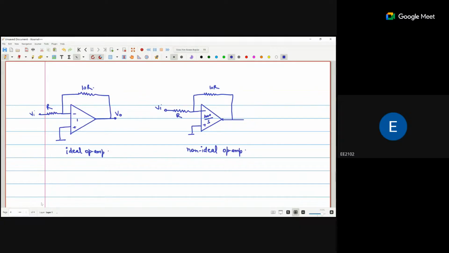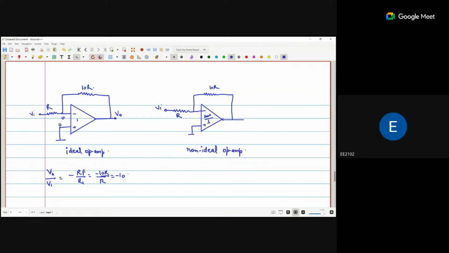So for the ideal op amp, we know that it is an inverting amplifier. The non-inverting terminal is grounded, so the voltage at this point is zero. The voltage at this point is also zero because of the virtual ground concept. So V out upon V in is equal to minus RF by RI, that is minus 10R by R, that is minus 10.